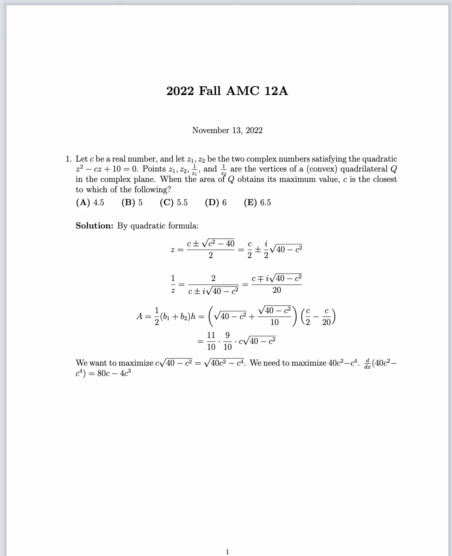So 80C minus 4C cubed is equal to 4C times (20 minus C squared), which is equal to 0. So this gives us solutions, right? C equals 0, C squared equals 20, so C equals 2 root 5, and C equals negative 2 root 5.